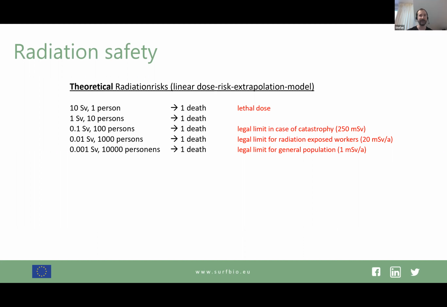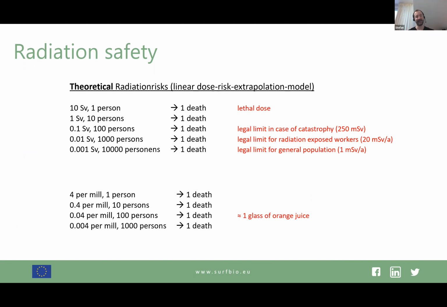Now I don't want to close with all this death, or at least not like this. So let's do this calculation for alcohol, so that you get an impression of what this means. If you have 1 per mil blood alcohol, 1 person is 1 death.